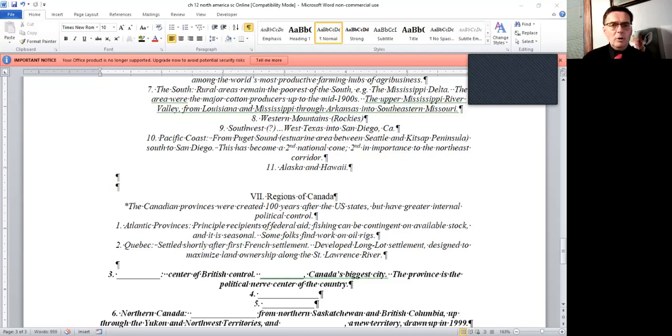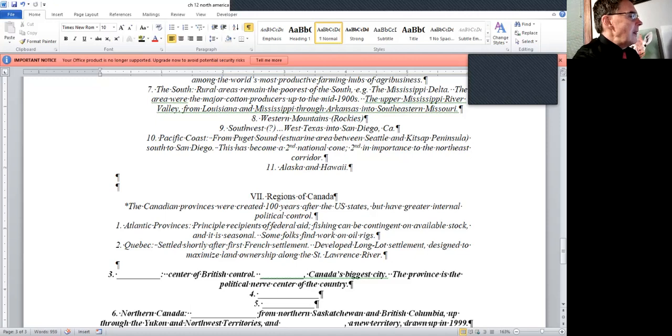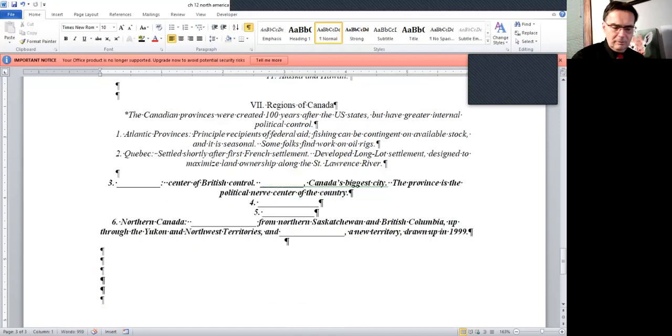And of course, California, the state, is the 7th, 8th largest economy in the world. And then you have Alaska and Hawaii rounding it out. From page 572, I'm going to put a wrap on this, the regions of Canada. Page 572.